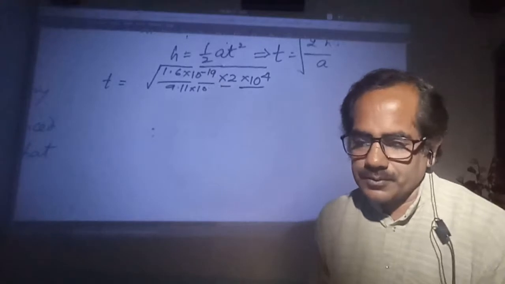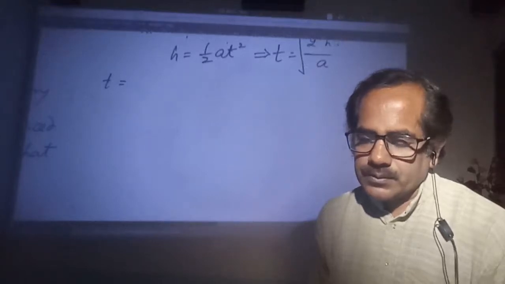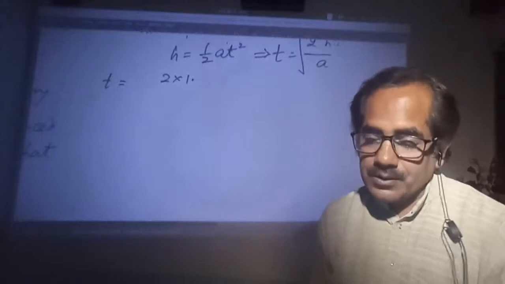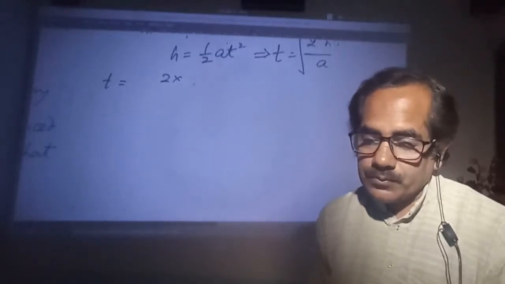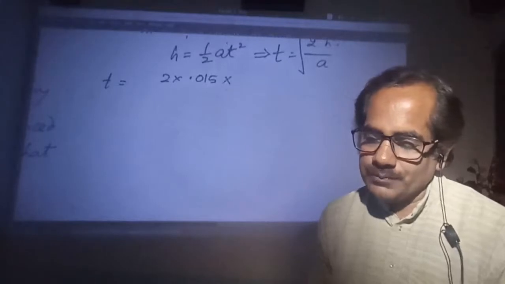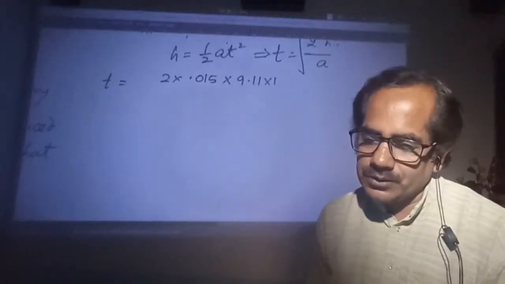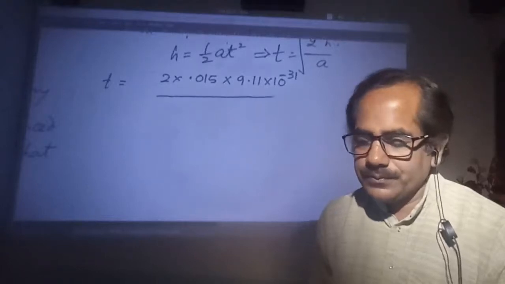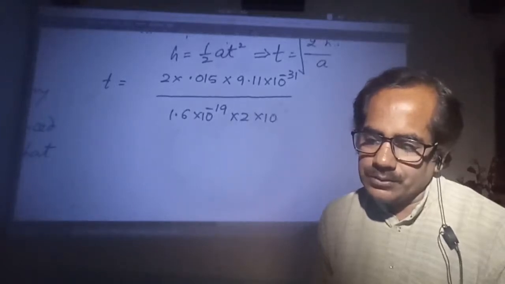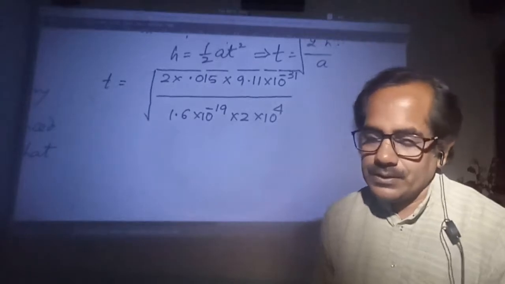Just wait, let me write in a proper way. t equal to under root 2 into h, which is 1.5, that means 0.015 in meter, and a is inversed, so let us write the denominator part first: 9.11 into 10 to the power minus 31 upon 1.6 into 10 to the power minus 19 into 2 into 10 to the power 4, and the whole is under the square root. So let us calculate it.